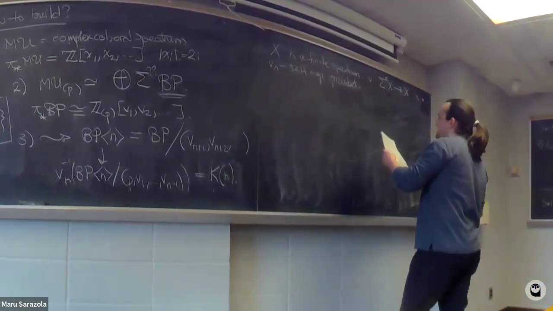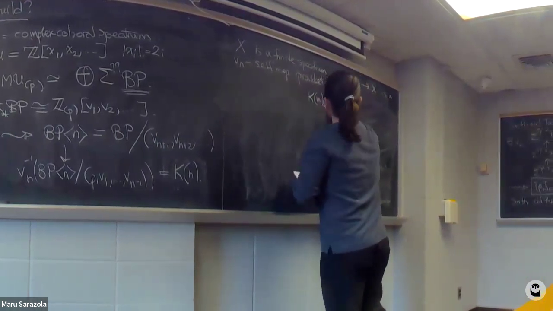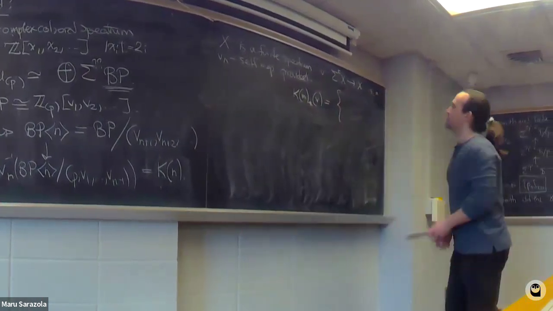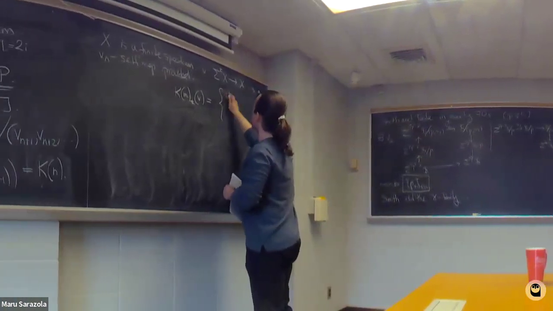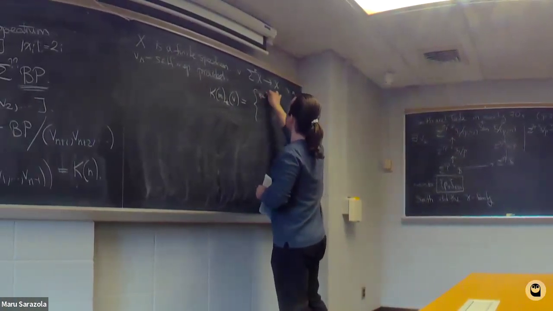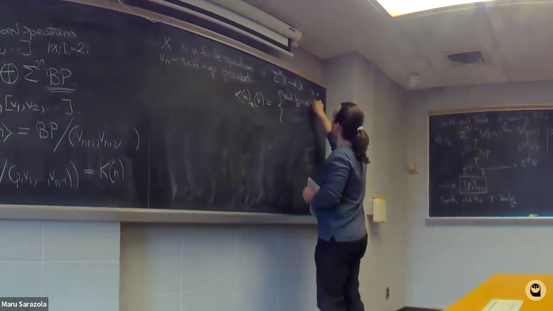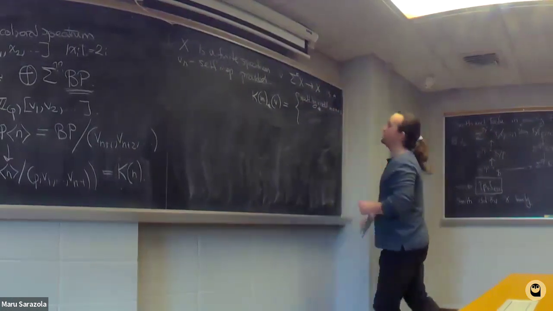Maybe I'll write this like this. So if you do the Km homology of V, there needs to be a couple of different things that could happen. The first thing is that this is multiplication by a rational number if m is equal to n is equal to 0.